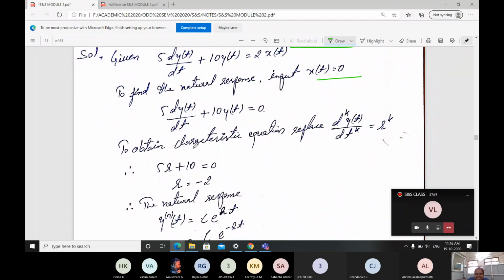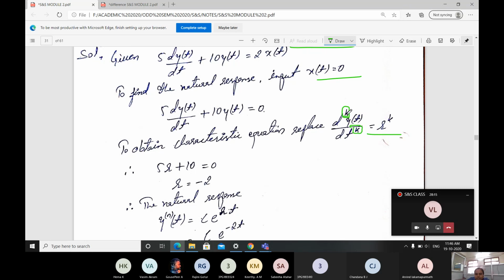To obtain the characteristic equation, previously we came to know that d^k y(t)/dt^k is taken as r^k, based on the degree.